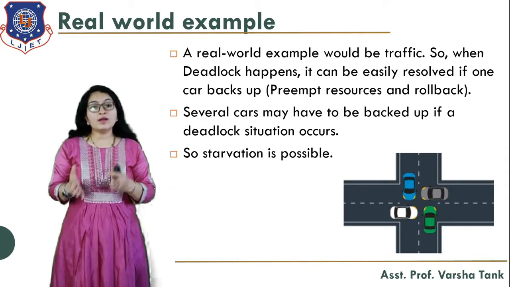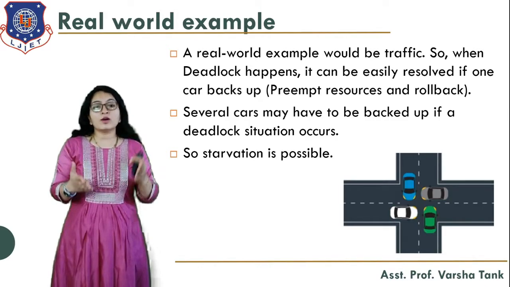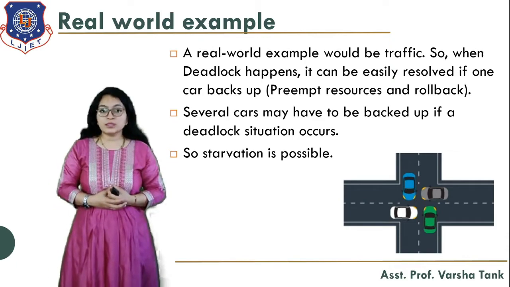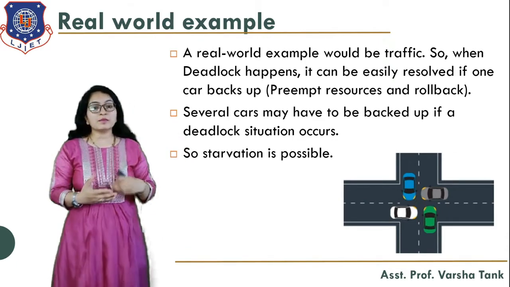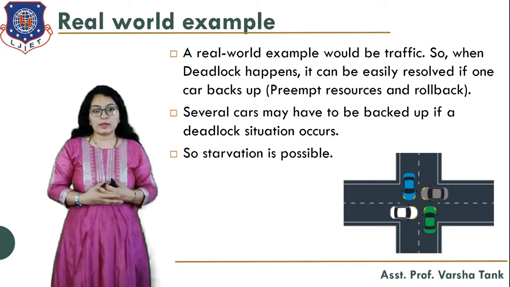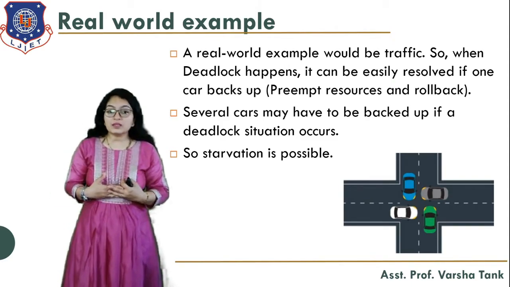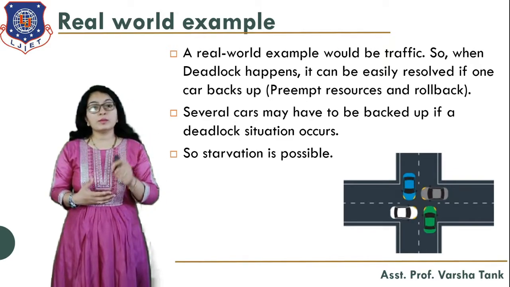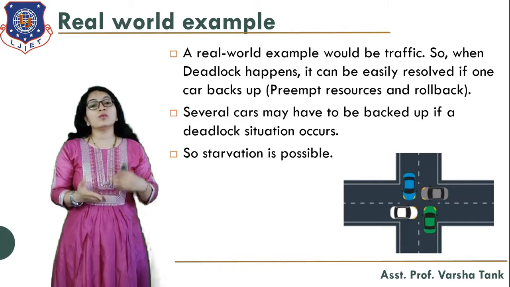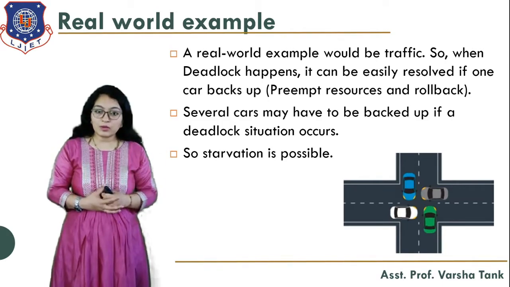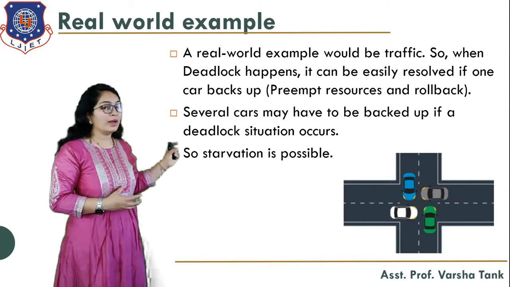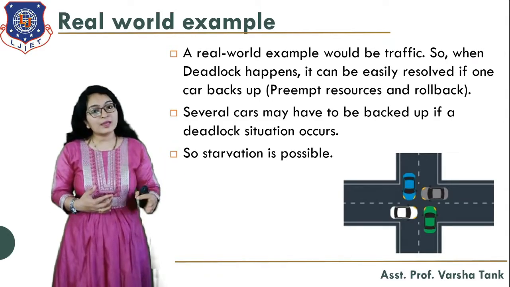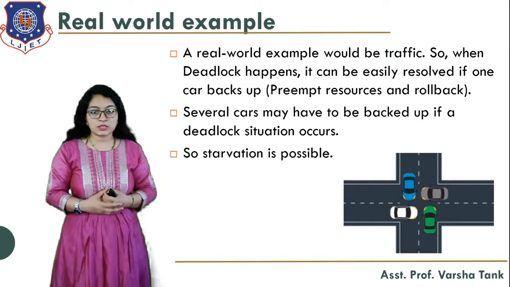One car backs up means one process has to back up when deadlock is there in the system. A car backing up means we preempt the resource and roll back. That means we take back the resource from the process, and when the deadlock is removed, we reassign that resource to that process. Rolling back means we roll the process back to the point where it started its execution.